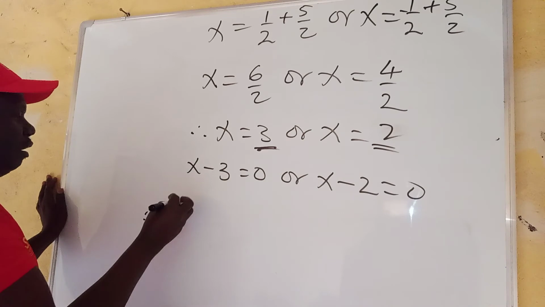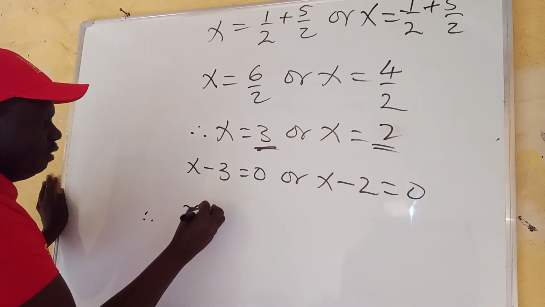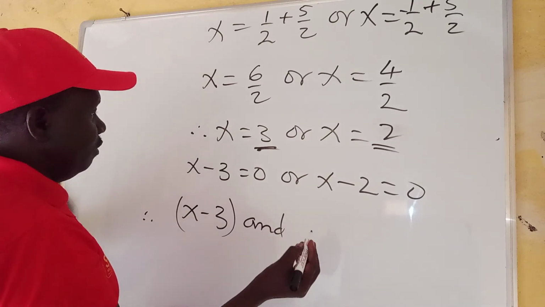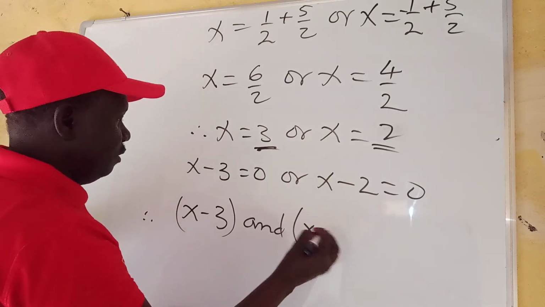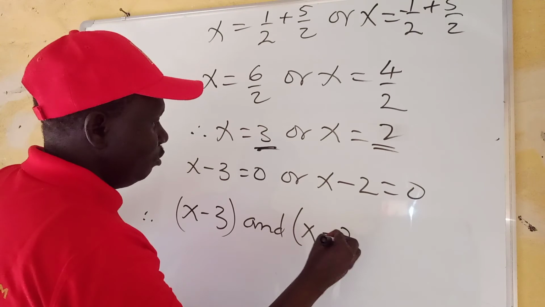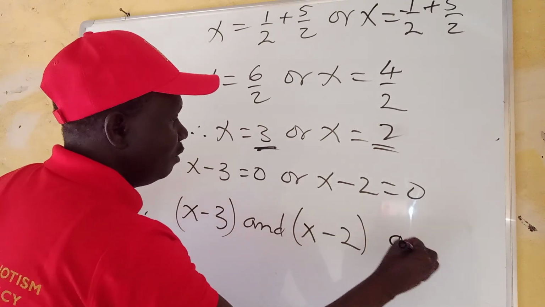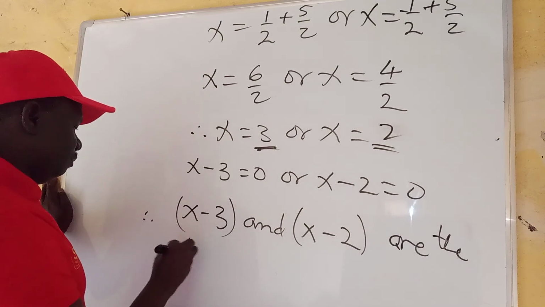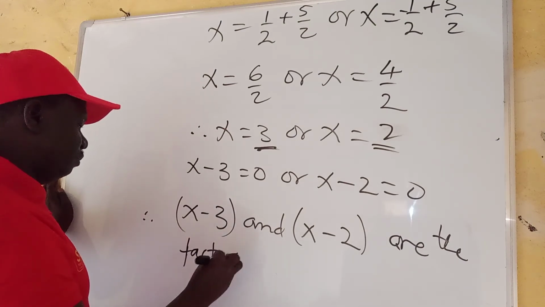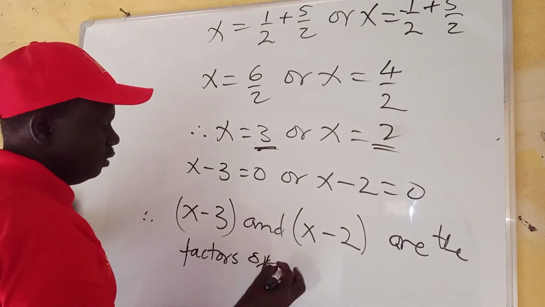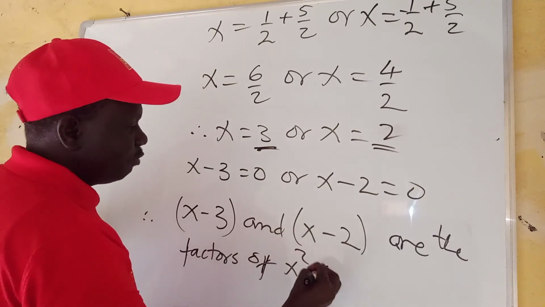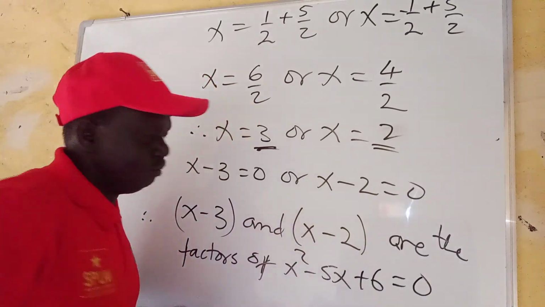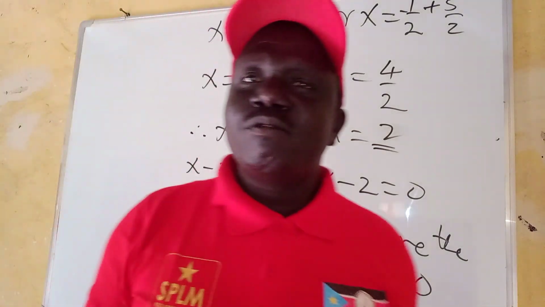Therefore, x minus 3 and x minus 2 are the factors of x squared minus 5x plus 6 is equal to 0. We have solved our problem.